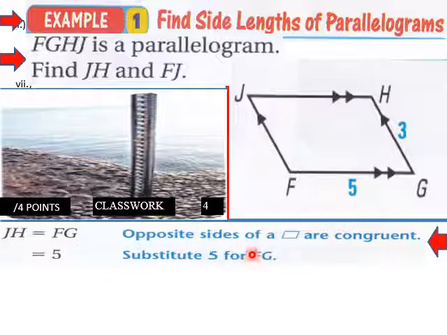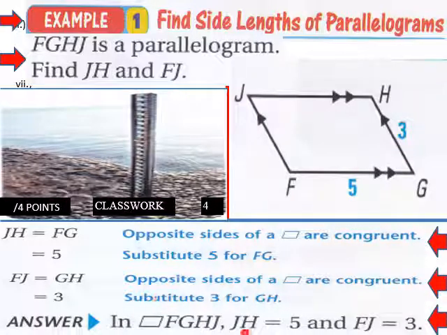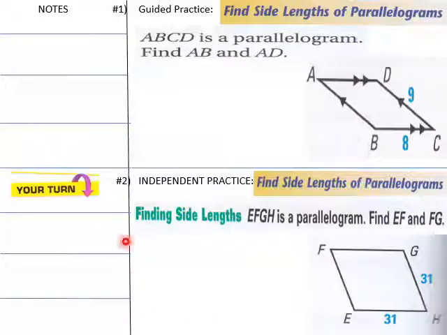Substitute 5 for FG. And then FJ equals GH. So 3 would equal FJ. It's equal to this over here. So the answer is JH equals 5, FJ equals 3.